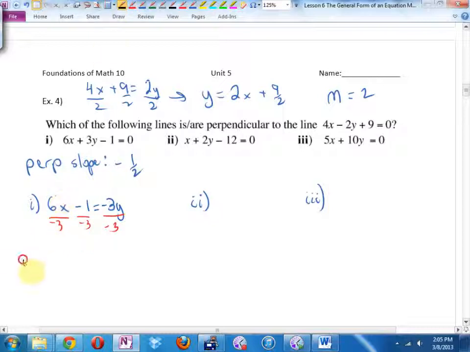I would get y equals -6/3 in lowest terms is what? 2x plus 1/3. What's the slope of that line? -2. Is that perpendicular?